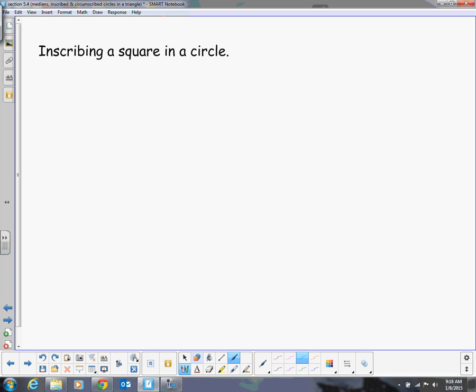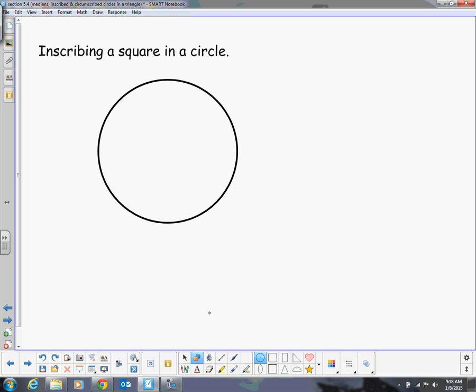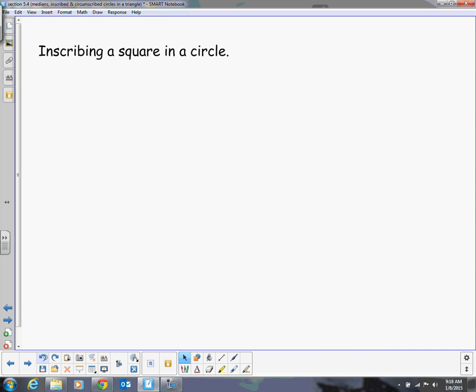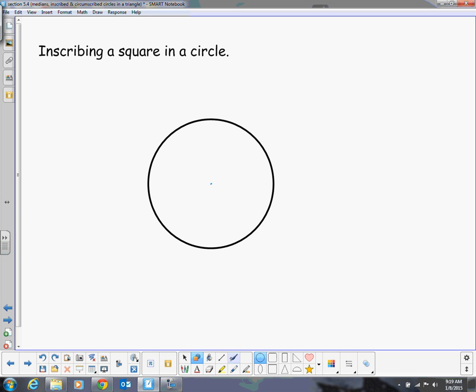If we want to do a square, inscribing a square means we start with a circle. All right, so I'm going to redo this. And I need to know where my center is. So I'm going to start here and do my circle. All right. So what you want to do is you want to draw a diameter.